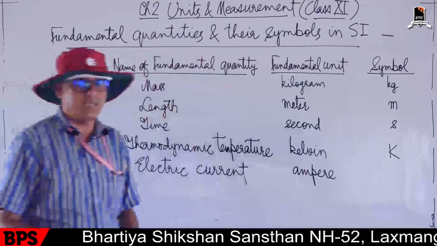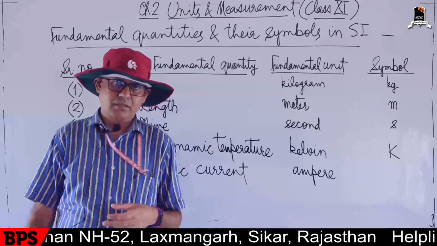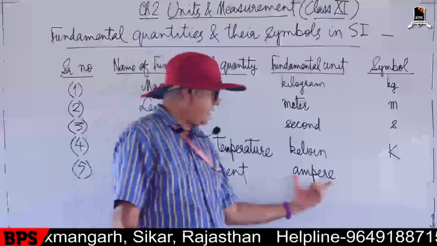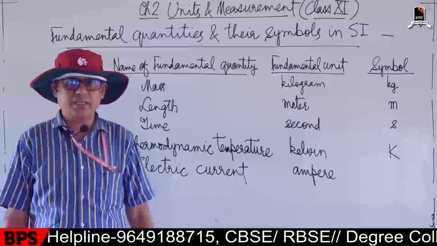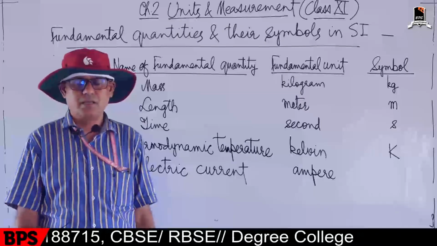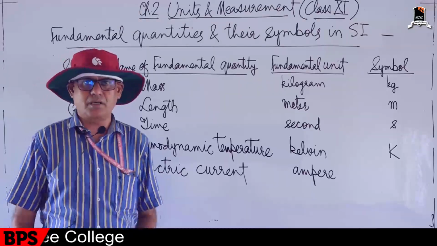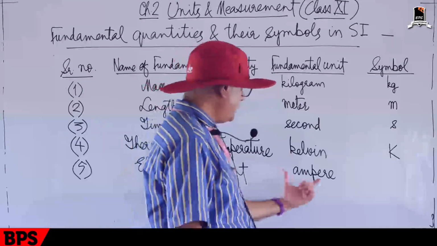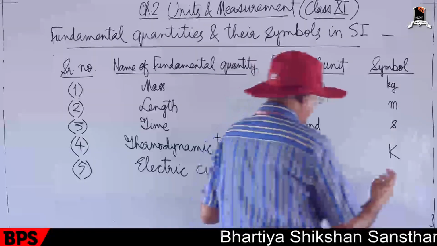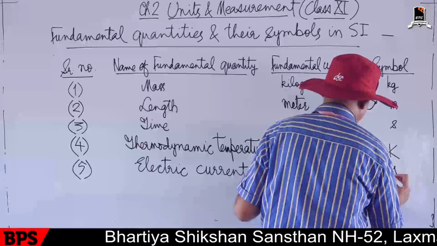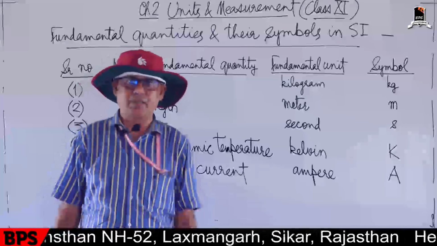You have used this in your class 10 syllabus. Whenever you were writing the magnitude of electric current, then you were putting a symbol capital A that stands for ampere. Since this is a name of scientist, therefore its symbol is again in capital case letters and it is adopted as capital A.